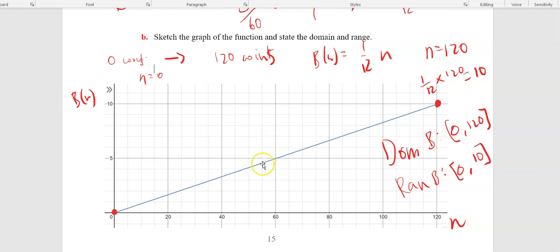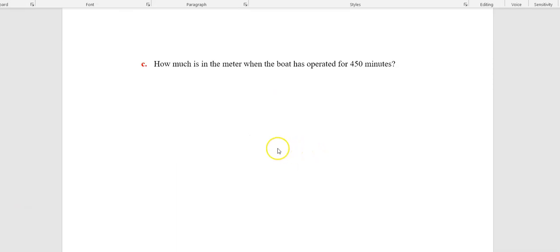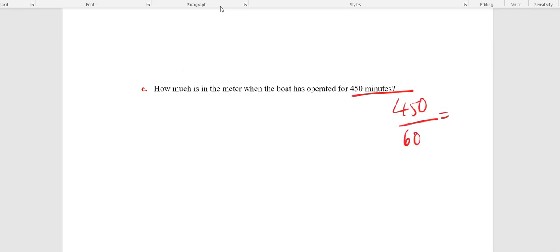Okay, so the next thing we have to do is work out the next question. So 450 minutes, we need to convert that to hours. So 450 divided by 60 will give us 7.5. So 7.5 hours. And what we're going to do is plug 7.5 into that original equation.